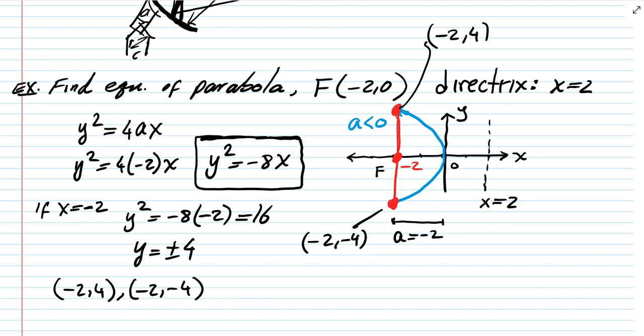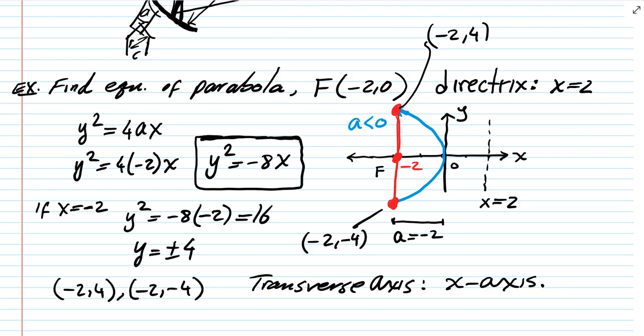And the transverse axis, by the way, in this case is going to be the x-axis. The transverse axis for horizontal parabolas, if the vertex is at (0, 0), is the x-axis.